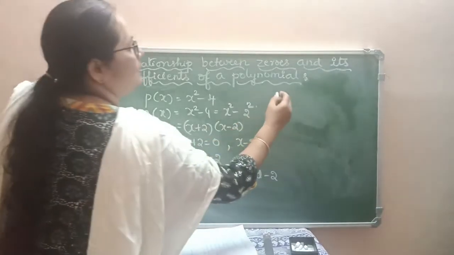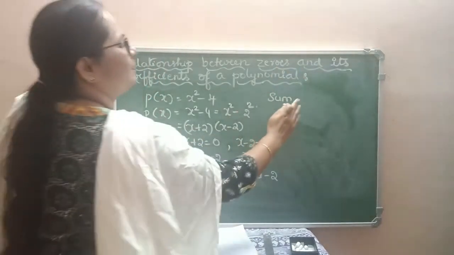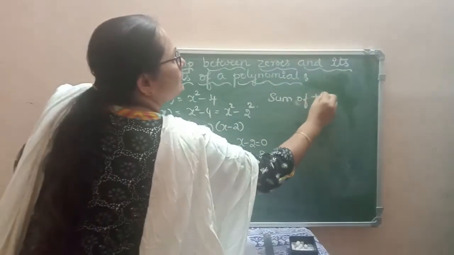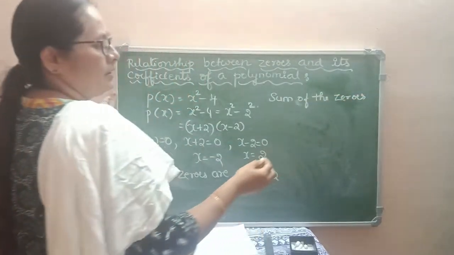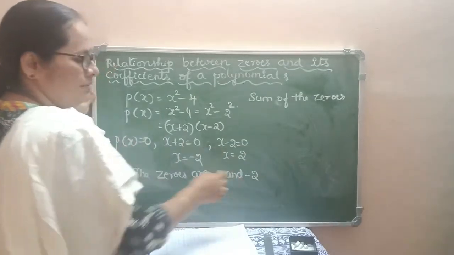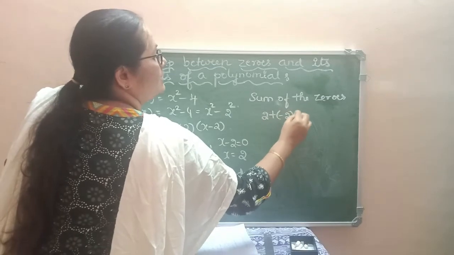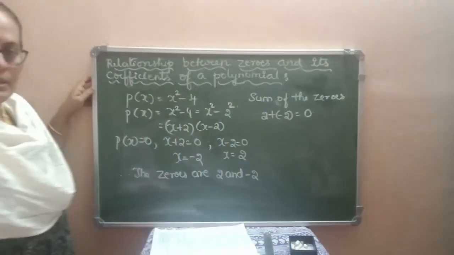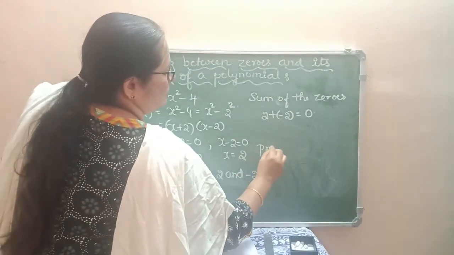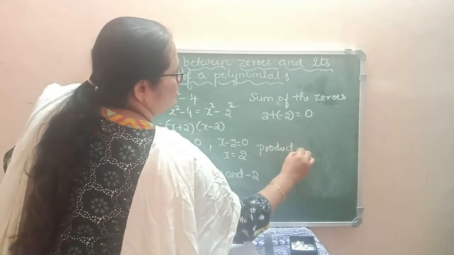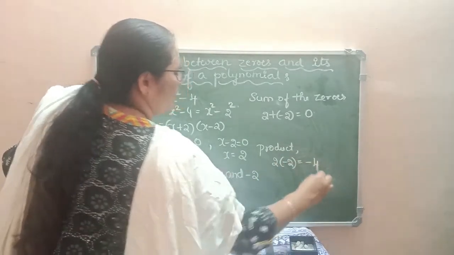Sum of the zeros: 2 plus minus 2, which is 0. Sum of the zeros is 0. Now find the product of the zeros. So 2 into minus 2 is minus 4.